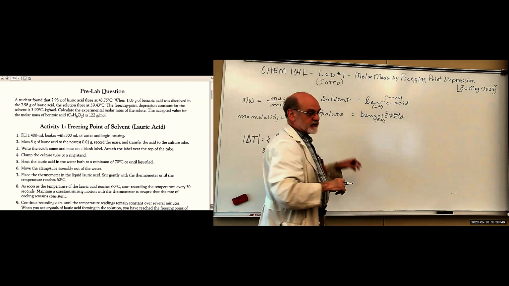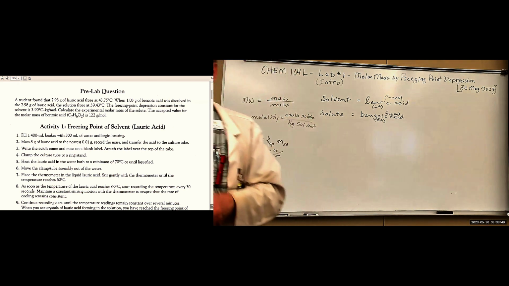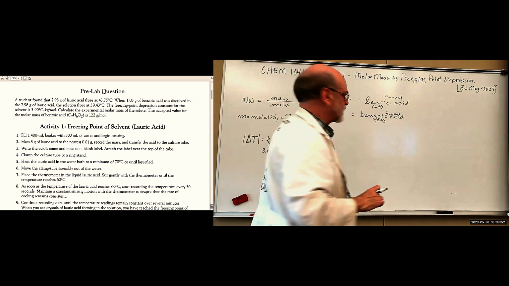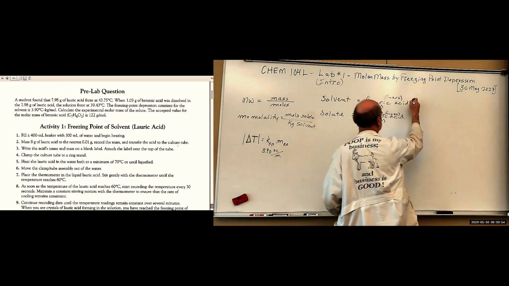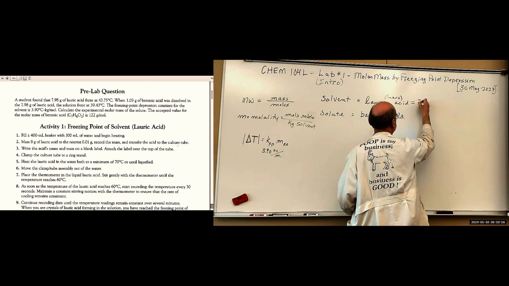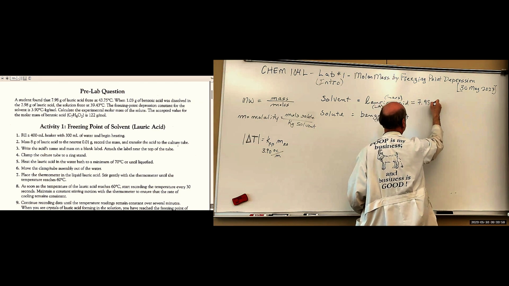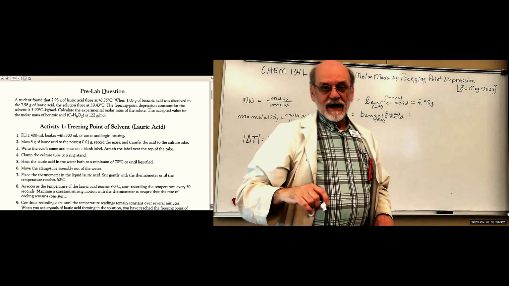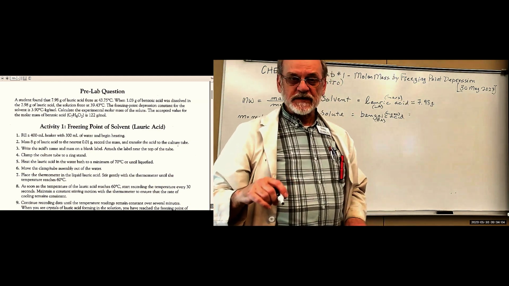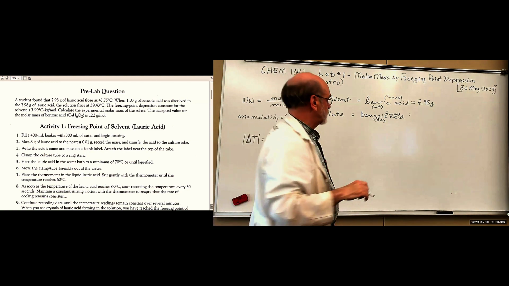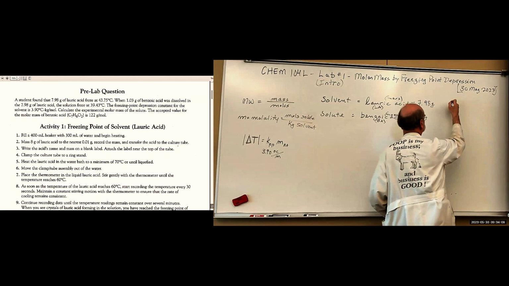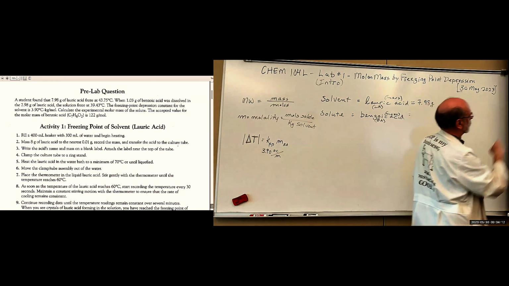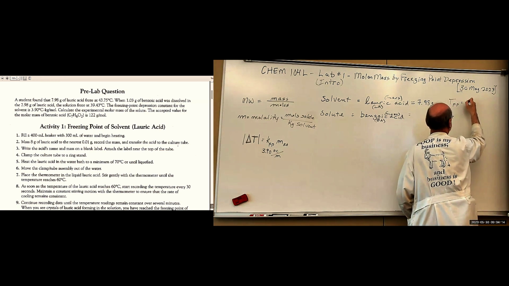All right, the values that were given in this pre-lab question: 7.98 grams of lauric acid. Okay. And the freezing point is given as 43.75 degrees.